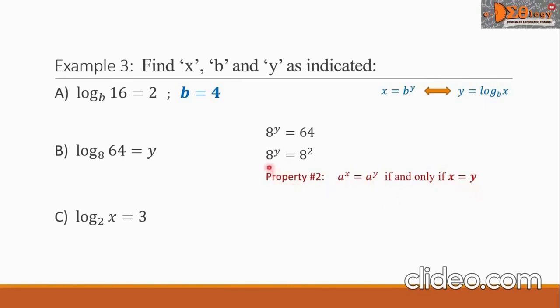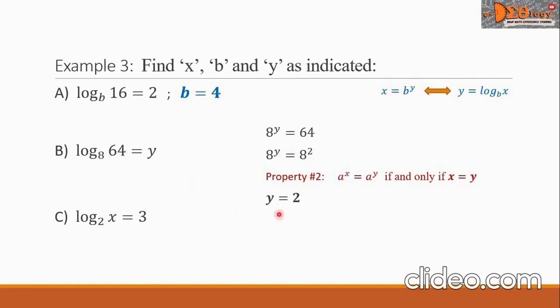I can see that I have the same base, so it means I can copy the exponent of the left side, which is y, and this is equal to the exponent of the right side, which is 2. So I have now this equation, y equals 2. And this is the value of y that I want to derive from problem B.